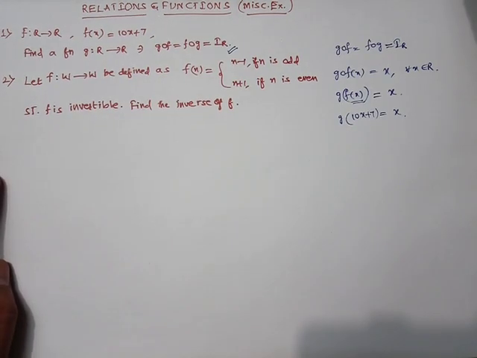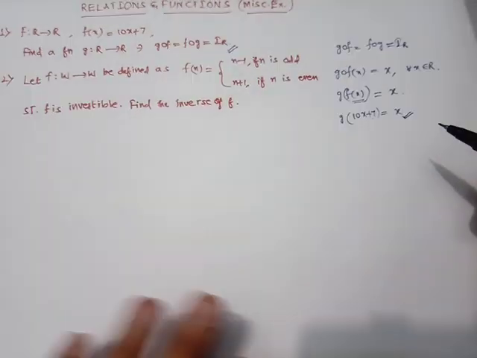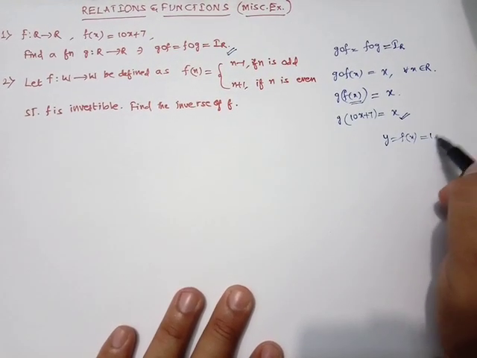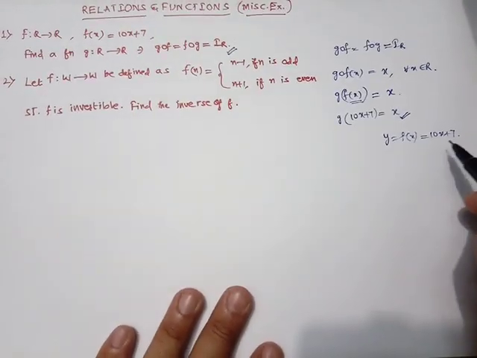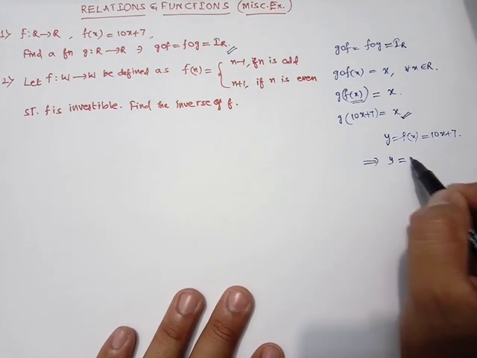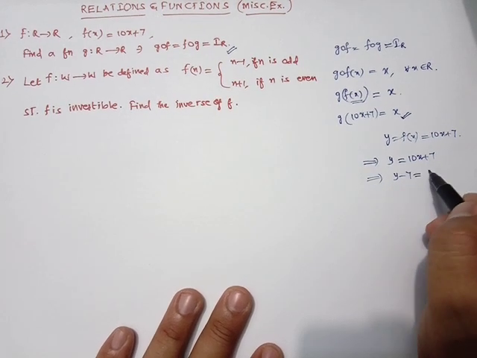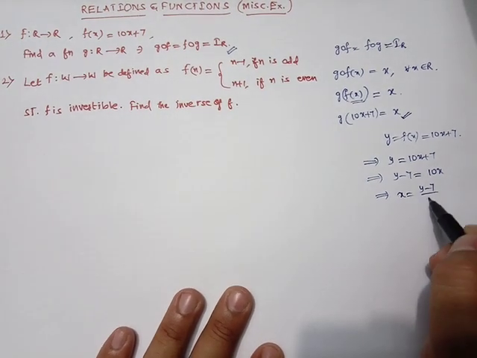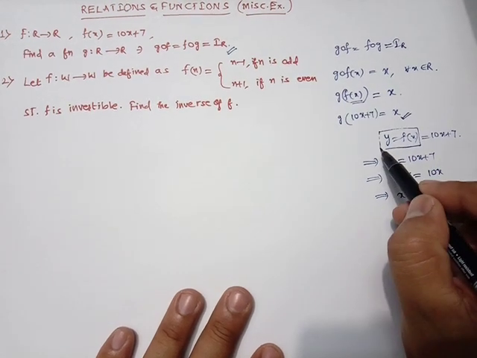To get this function g and to get the value as x, consider y = f(x) = 10x + 7. As we already know, y = 10x + 7, which means y - 7 = 10x, and x = (y - 7)/10. And x can be written as f inverse of y.